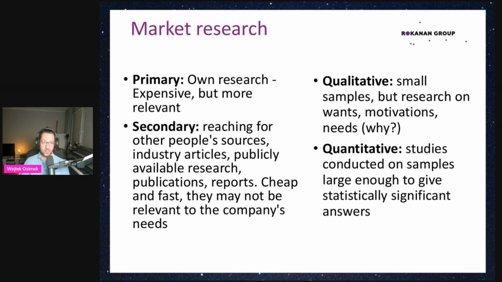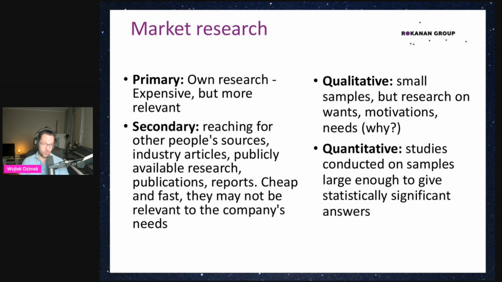Market research generally can be divided into two typologies. One, primary research, and two, secondary research. Primary research is done by you or your team, like your own surveys, customer visits, and interviews.